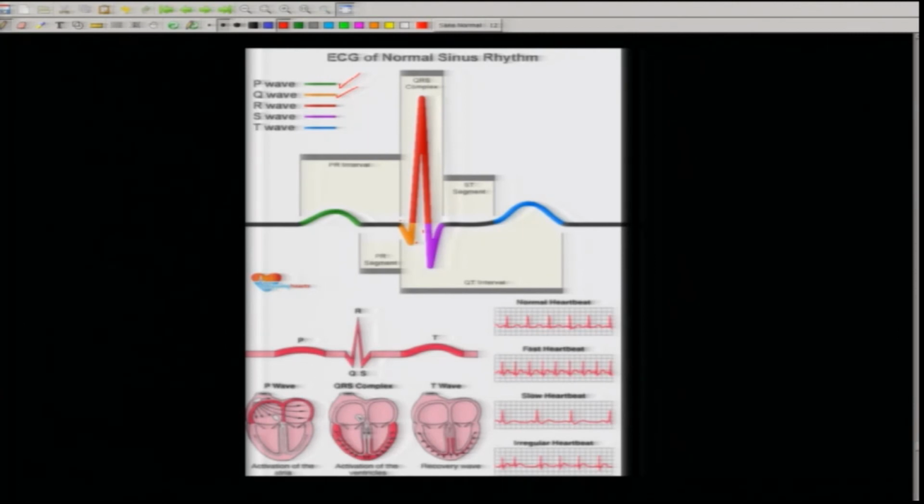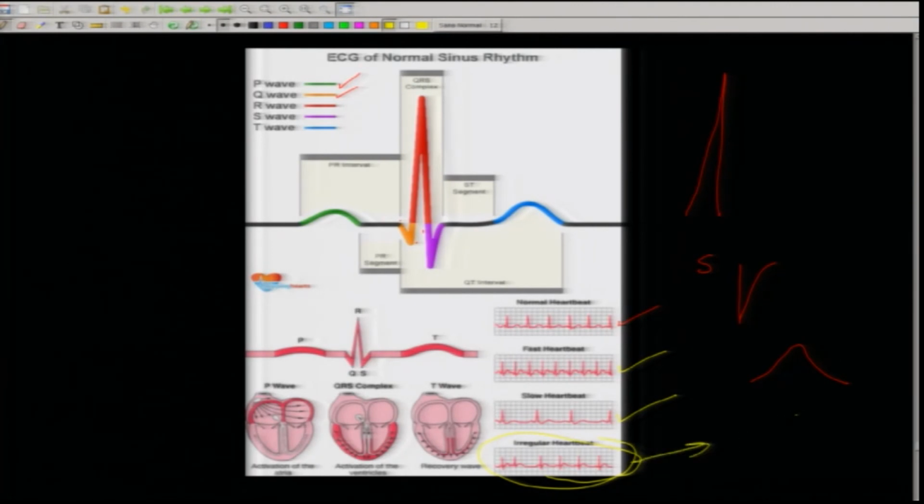This is the R wave, this whole thing, in red. Then in pink you have the S wave. Then you have the T wave, which is the last wave you see. In a normal heartbeat it is like this, in a fast heartbeat it is like this, in a slow heartbeat it is like this, and in an irregular heartbeat you do not see a pattern.